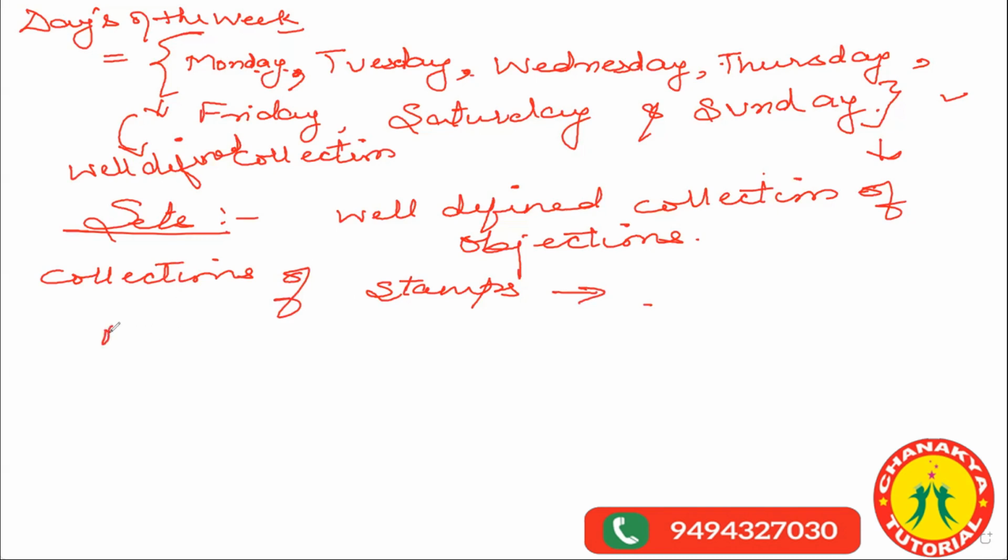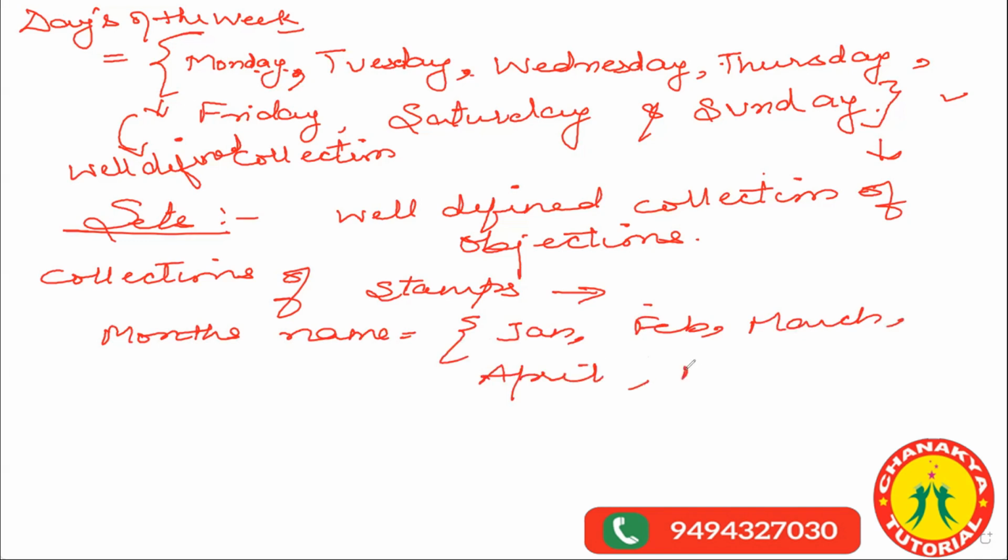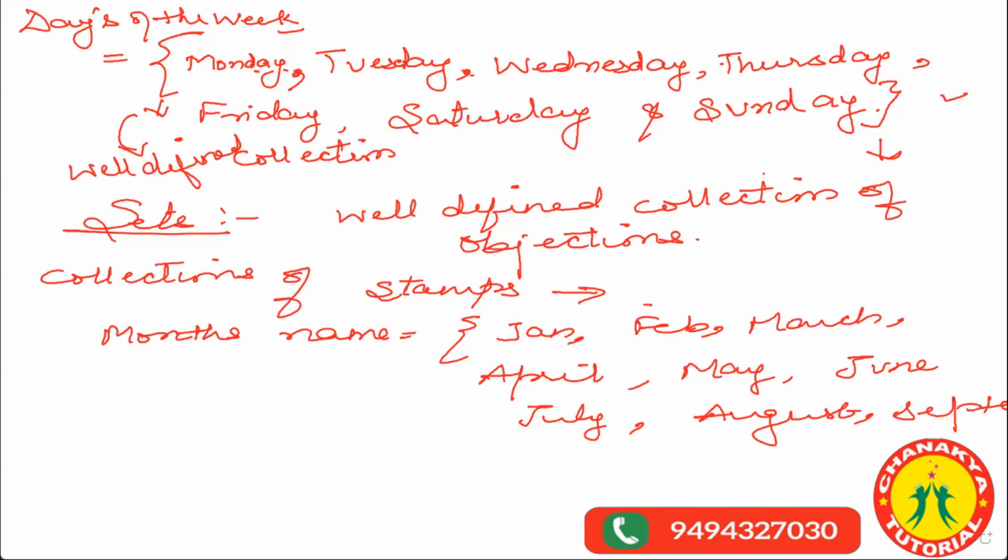Suppose you are writing the months' names: January, February, March, April, May, June, July, August, September, October, November, and December.